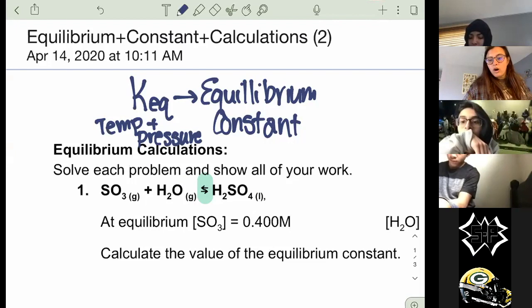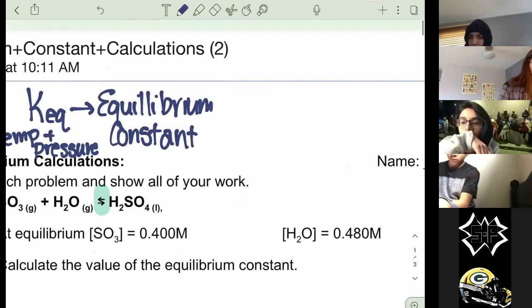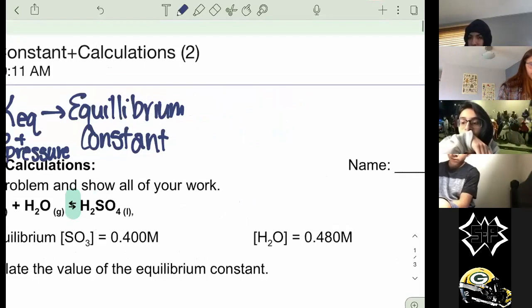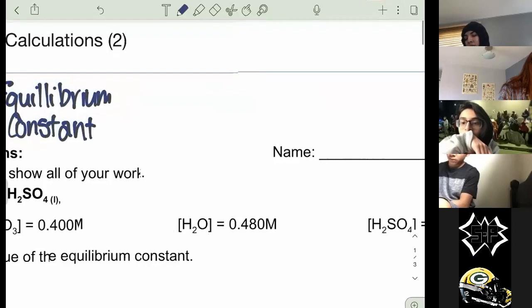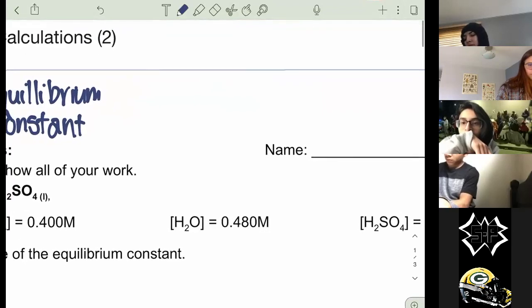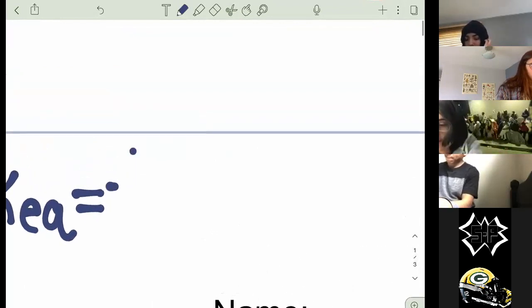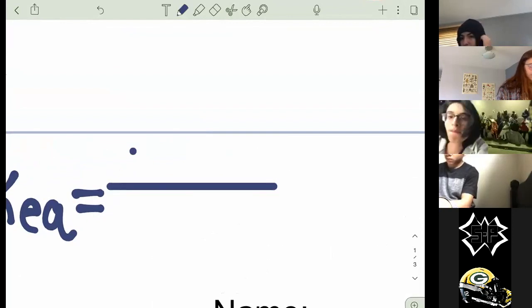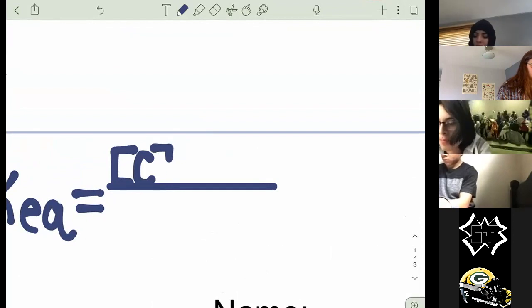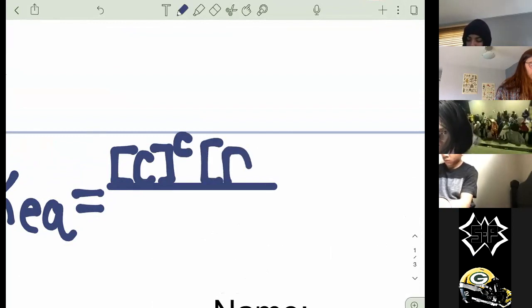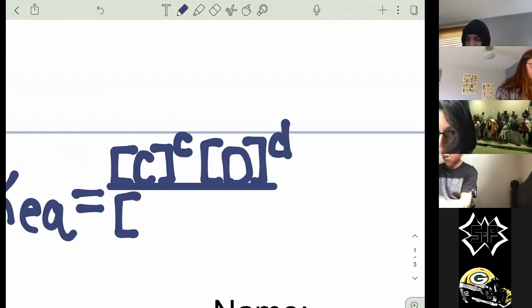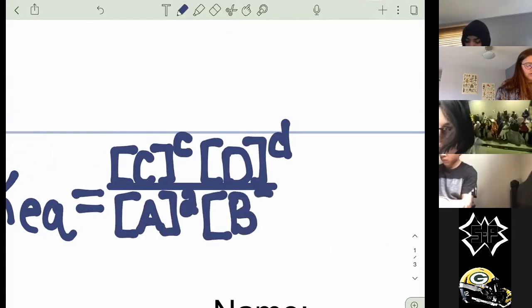So our equation to set up to solve for K equilibrium is going to equal the concentration of a product to a power, times the concentration of your other product to that power, over the concentration of your reactant and the concentration of your other reactant.